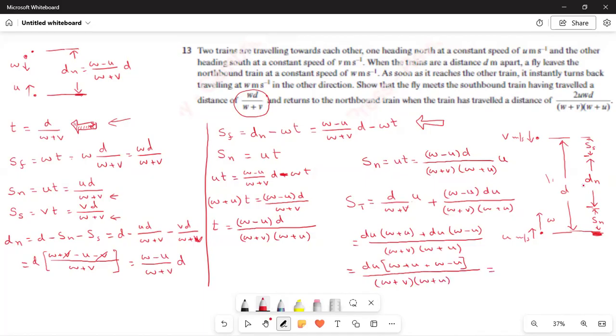This will simplify as minus U and plus U cancel, W plus W is 2W, so it is going to be 2UWD divided by (W plus V) and (W plus U). This is the thing we had to prove.